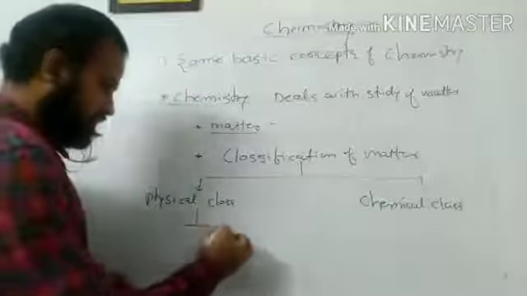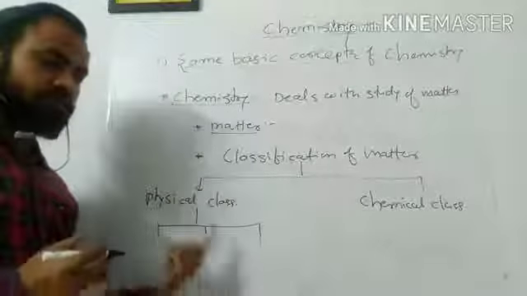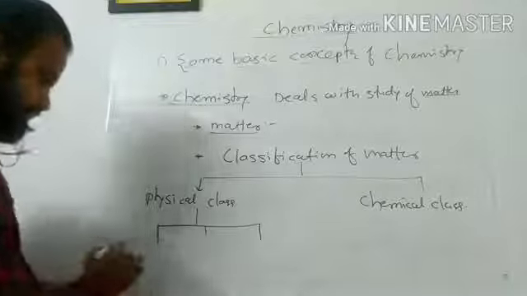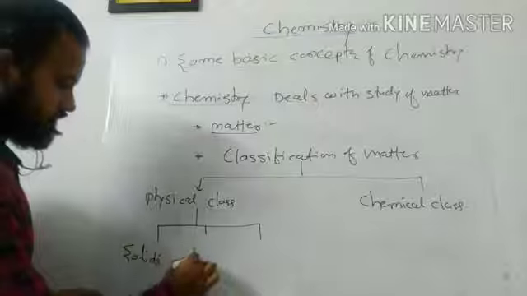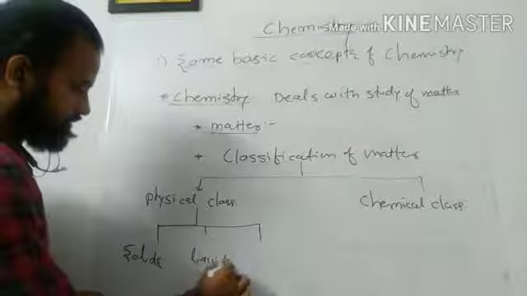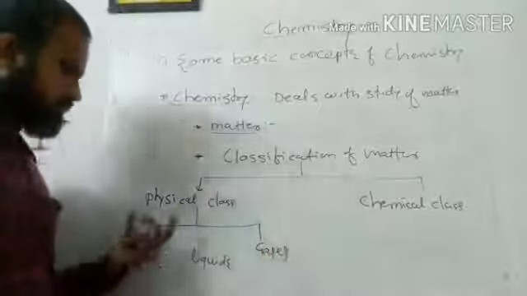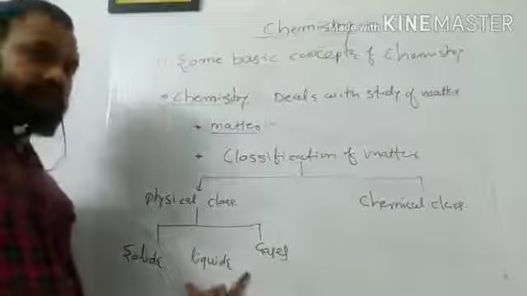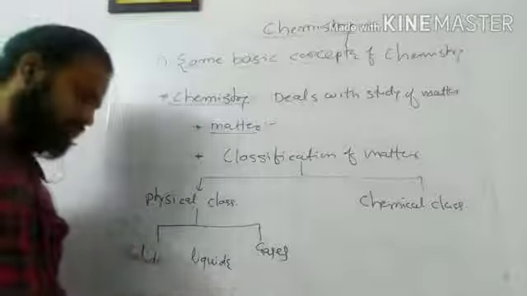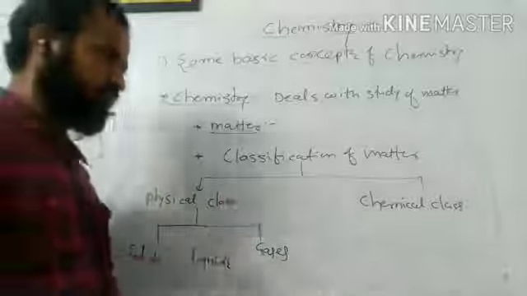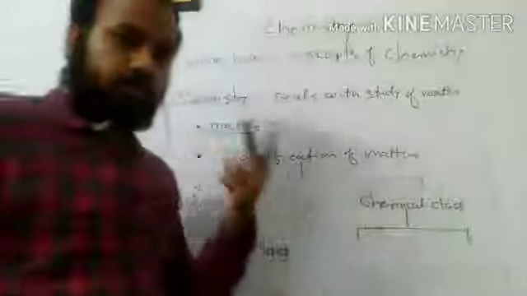When we discuss physical classification, it is again divided into three subtypes: solids, liquids and gases. We will see these in detail. The chemical classification is divided into two basic categories.